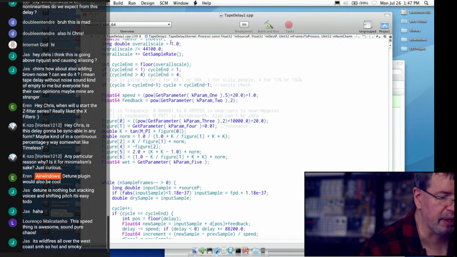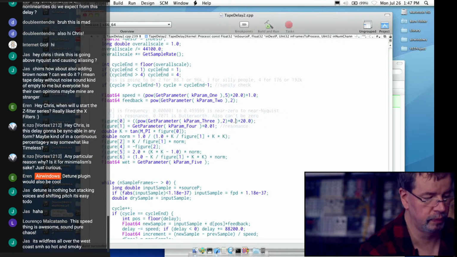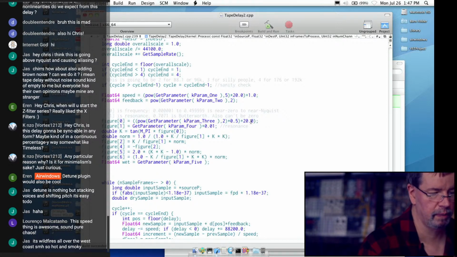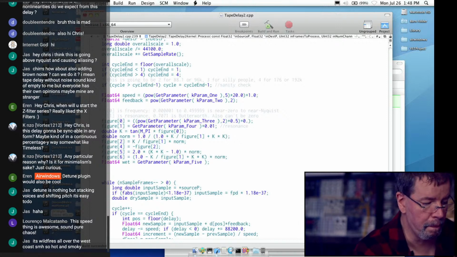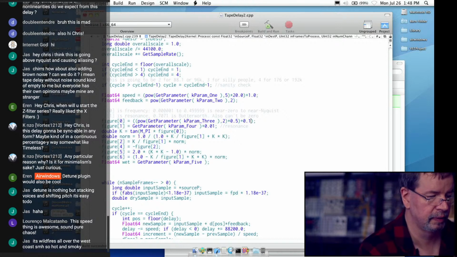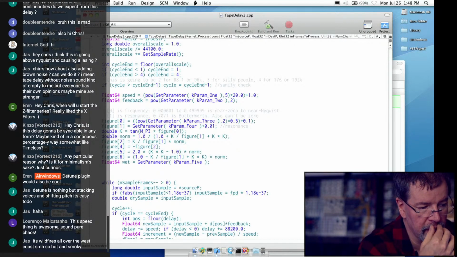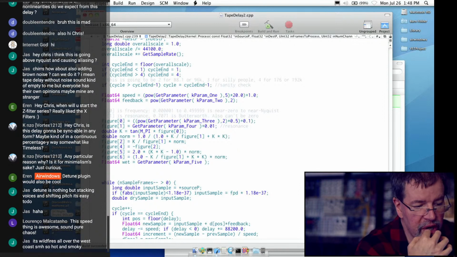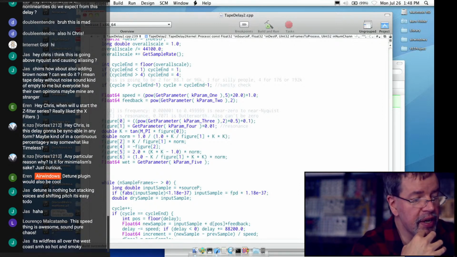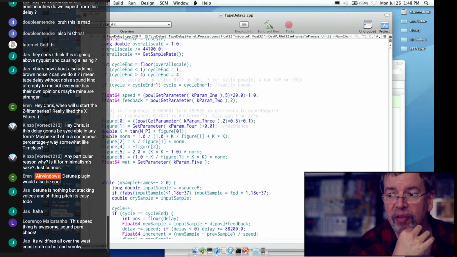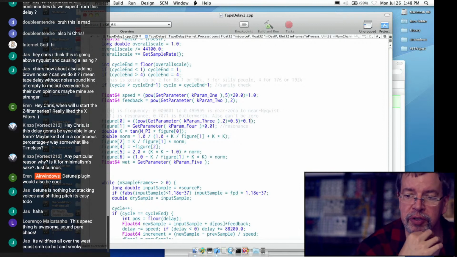We can't be scaling it like that, but that was dividing it by a really big number. Lucky it didn't blow up in my face right then. So figure 0 needs to not be in the thousands. Instead, it needs to be 0 to 0.5 or near 0 to 0.5.